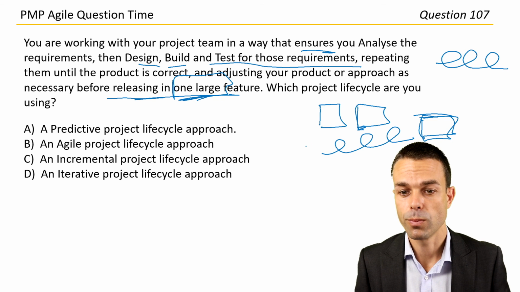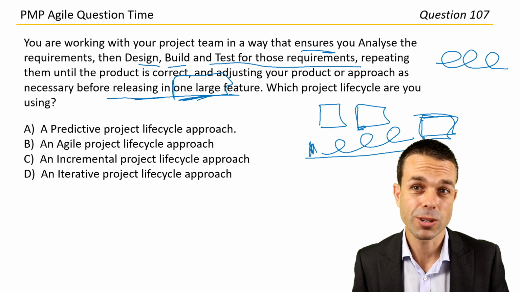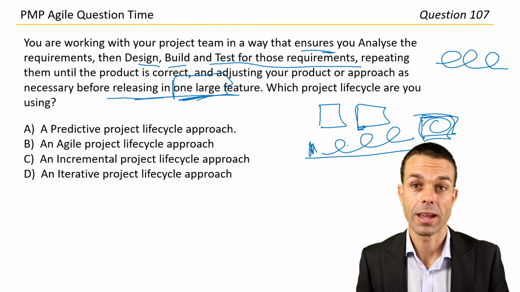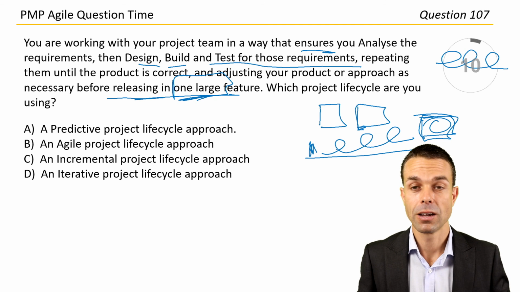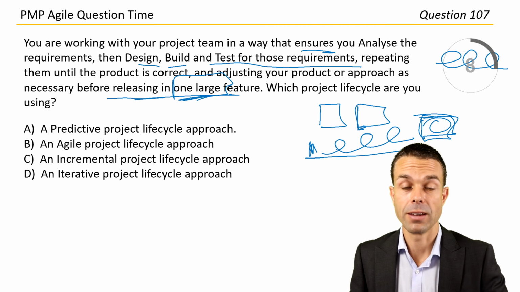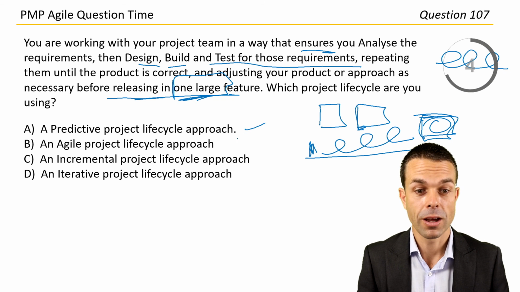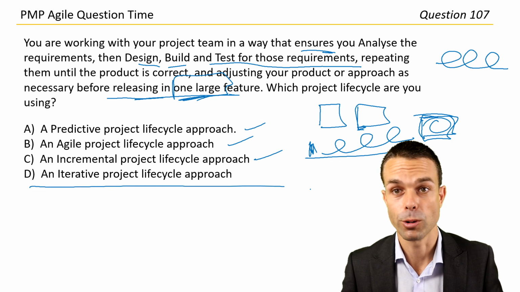Waterfall actually just plans up front and doesn't change, but an iterative approach has one release, but we're iterating towards that release. So we're gathering feedback, doing prototypes, and adjusting as we need to. So for this one, it's not predictive, not agile, not even incremental. It is our iterative approach.